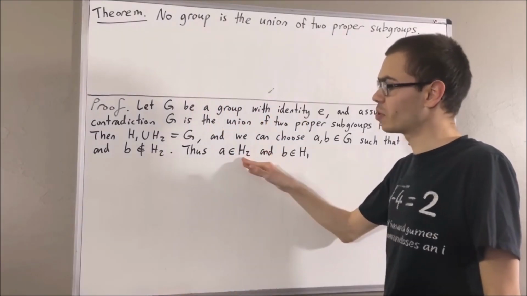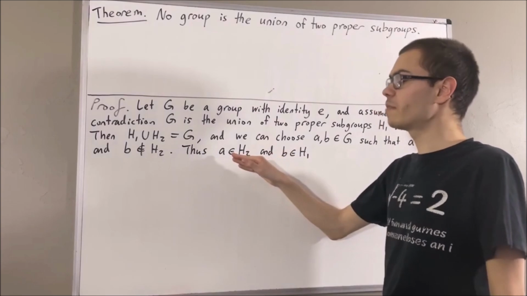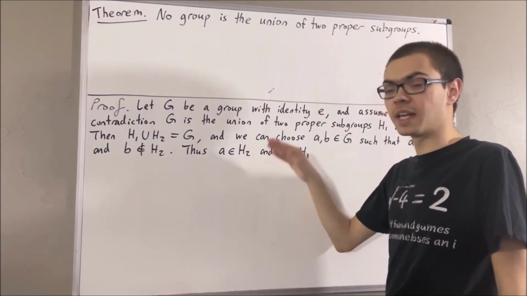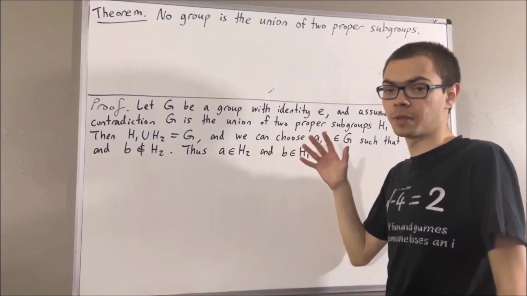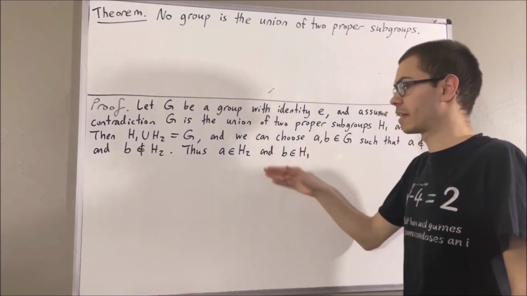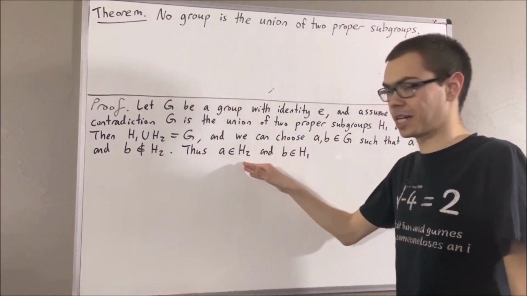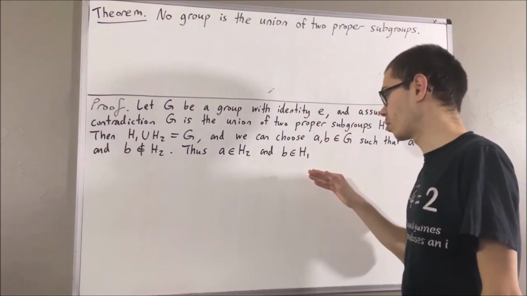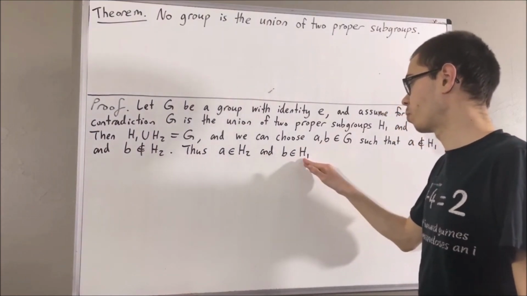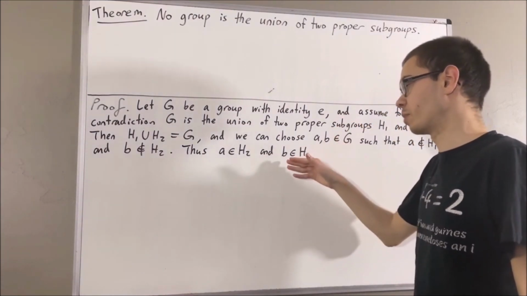Now, since H2 is a subgroup of G, the inverse that A has in H2 is the same inverse that A has in G. So we can say that the inverse of A belongs to H2. And similarly, since H1 is a subgroup of G, we have that the inverse of B belongs to H1.